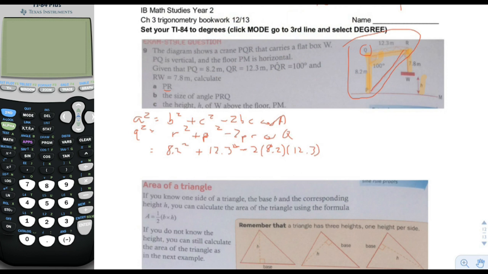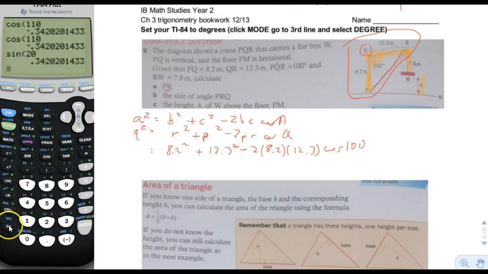Cosine of Q is cosine of 100. Okay. And then we can just put this in the calculator. Cosine of 100, negative 0.174.